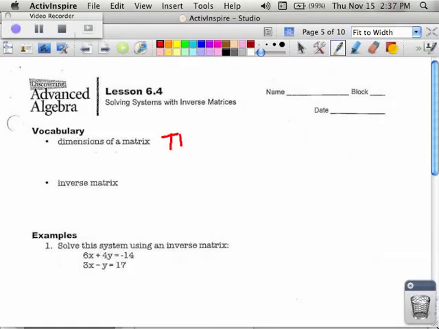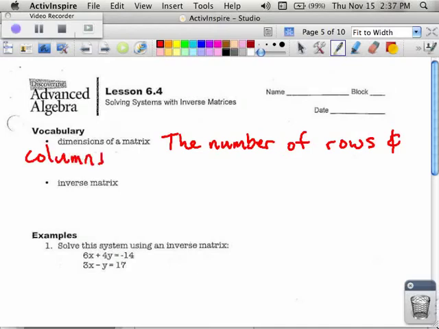So the number of rows and columns is represented like R by C, where the R stands for rows and the C stands for columns.